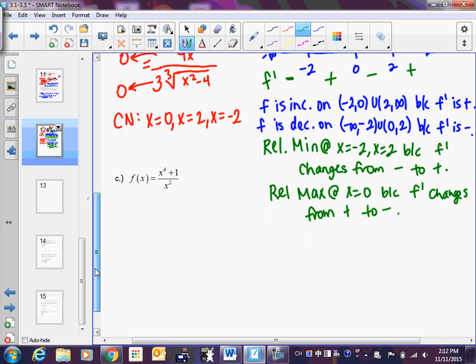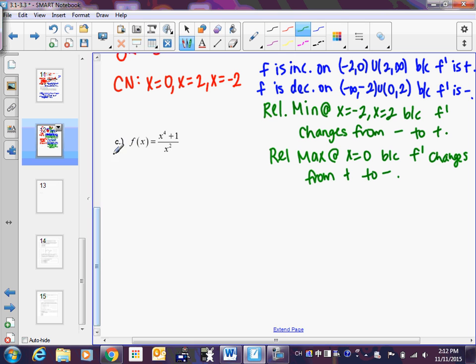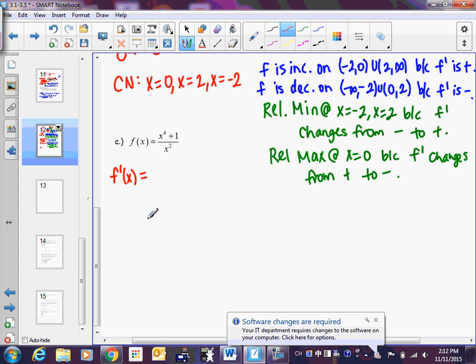Okay, so I'm going to move this up. You can still kind of see the written out, but we're going to start C. First step, find the derivative. What are you going to do to find this derivative? What rule? Quotient. You could technically go ahead and divide each thing by x squared, make it look like a polynomial, and do it that way.